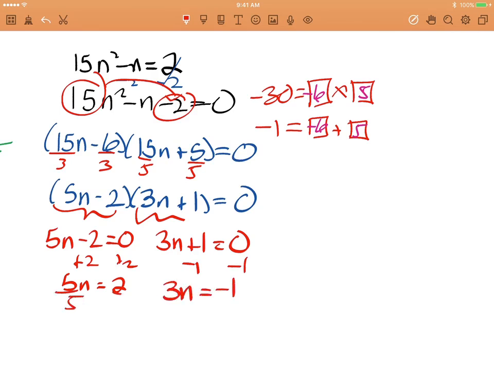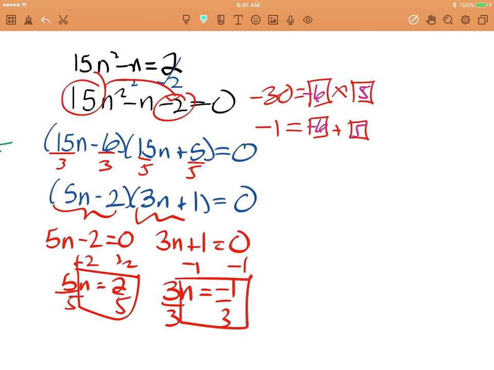Then just divide, divide, divide, and divide. So I get n equals 2/5 and n equals negative 1/3. Those are my two answers, and I'm done.